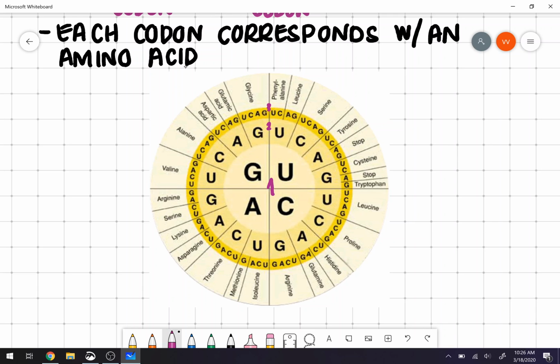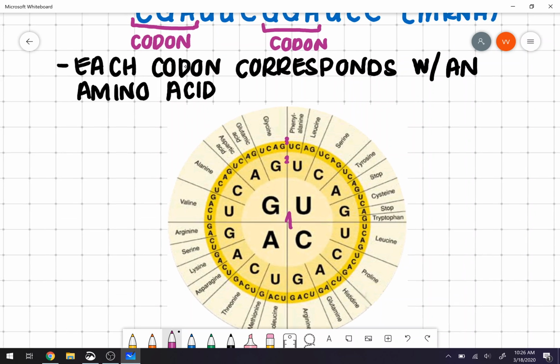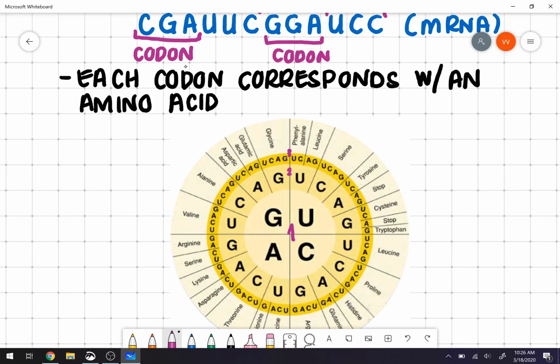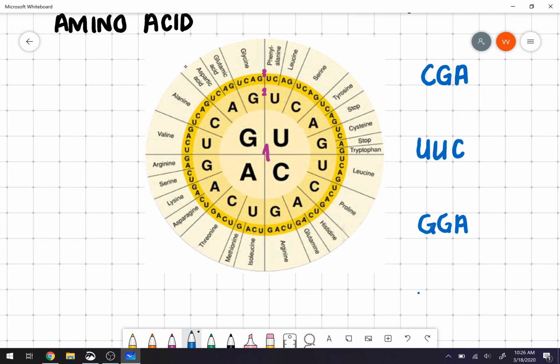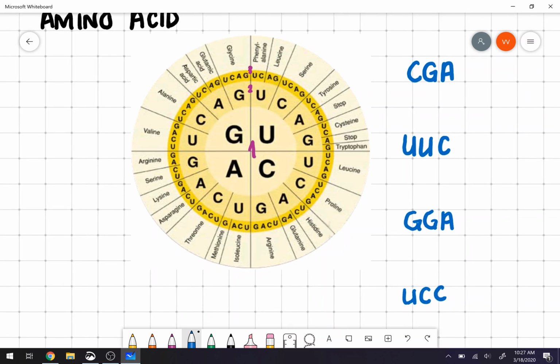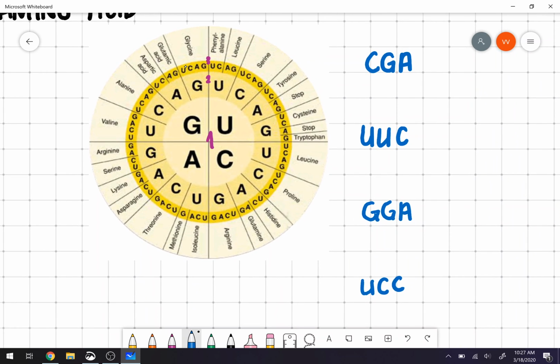So let's look at our RNA code. Our first codon reads CGA. Let me just write these out real quick: CGA, UUC, GGA, and then UCC. What you're going to do is start in the middle and find the first letter.